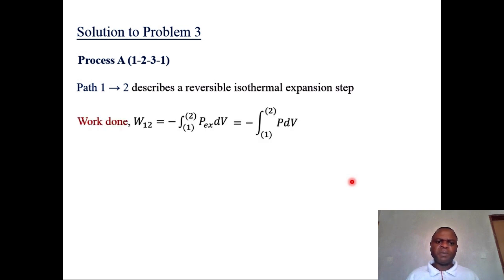So let's look at path number 1 to 2. You can see that from path 1 to 2, it is a reversible isothermal expansion. We are at the same temperature Ta, and we are expanding.